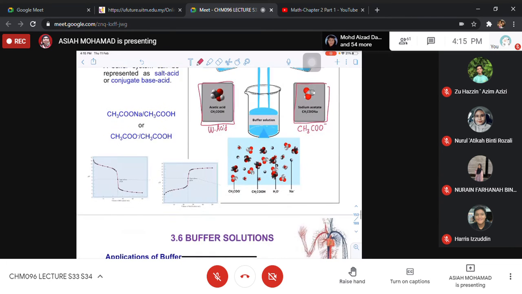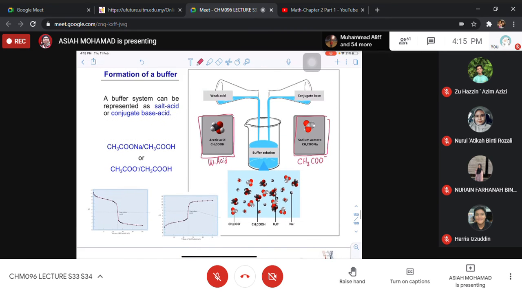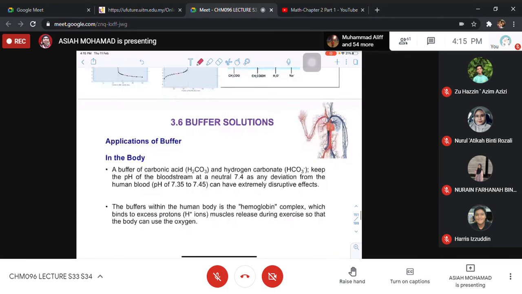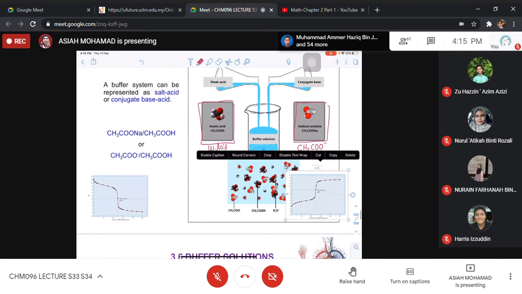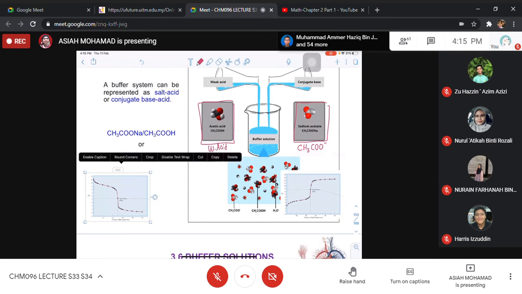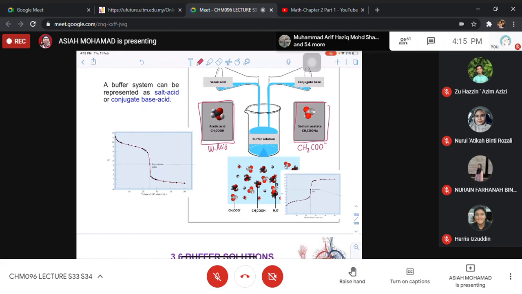Okay, so let's just consider this titration. Okay, there is a point in the titration. Okay, let's say this one. Okay, this is the titration curve.